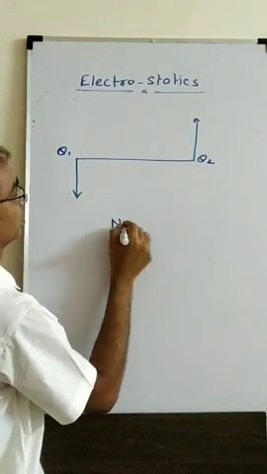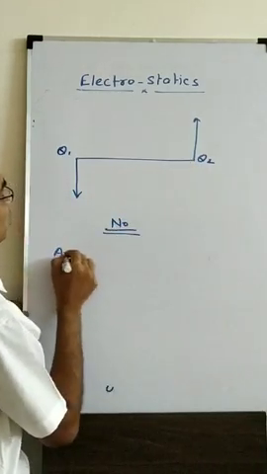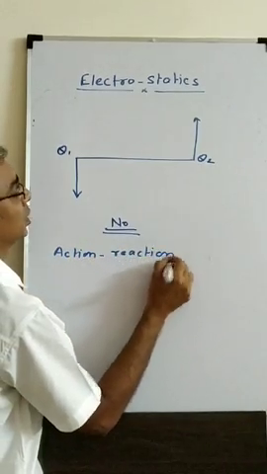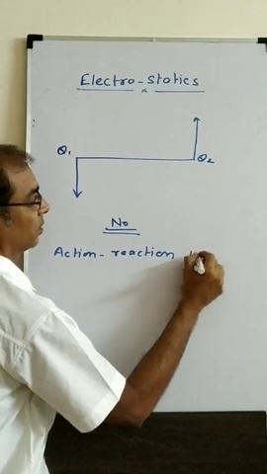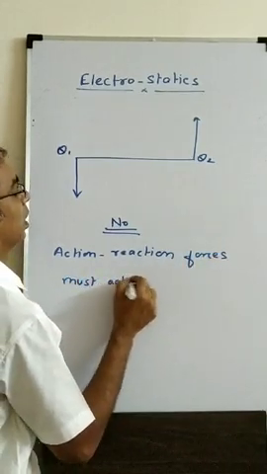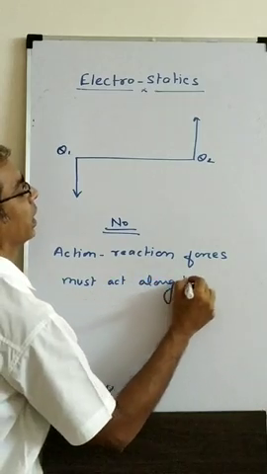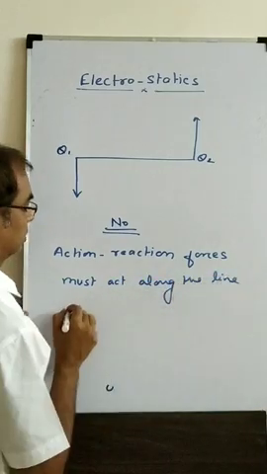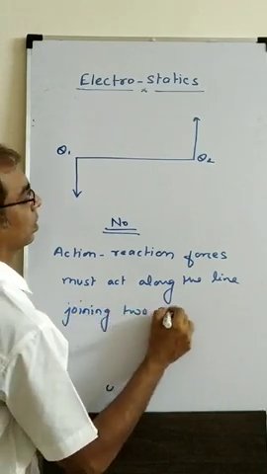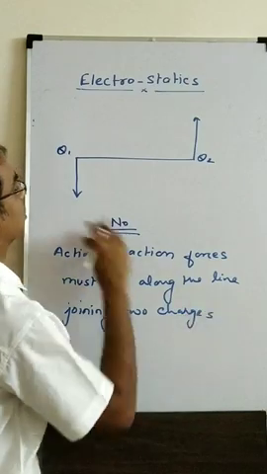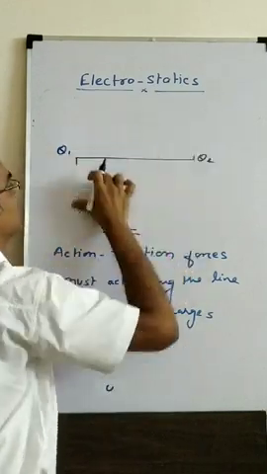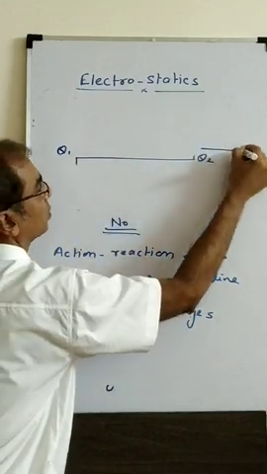The answer is no. The action-reaction forces that we are talking about must act along the line joining the two charges. The forces shown here are not on the line joining the two charges, so I cannot call them action-reaction forces. Action-reaction forces have to be like this.